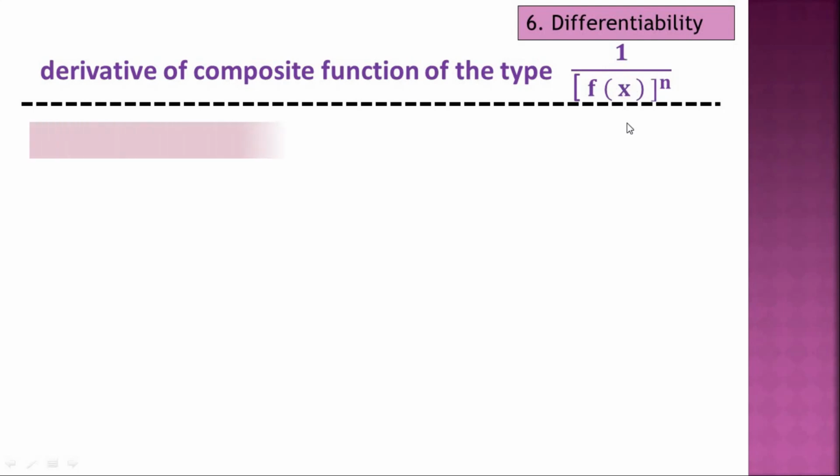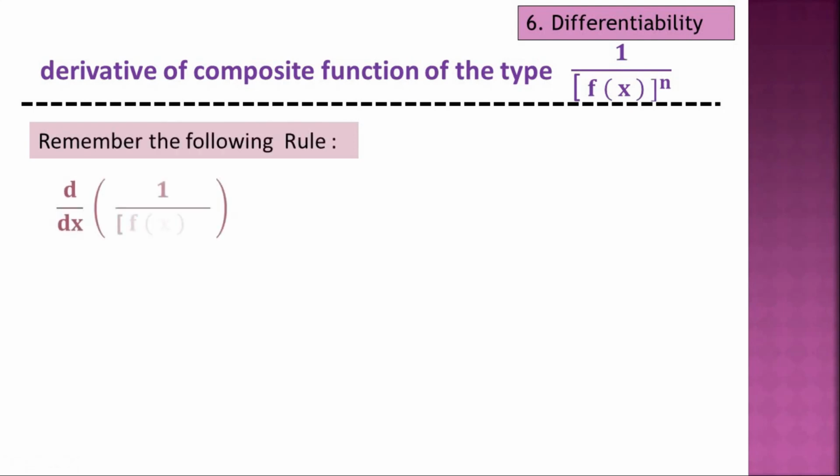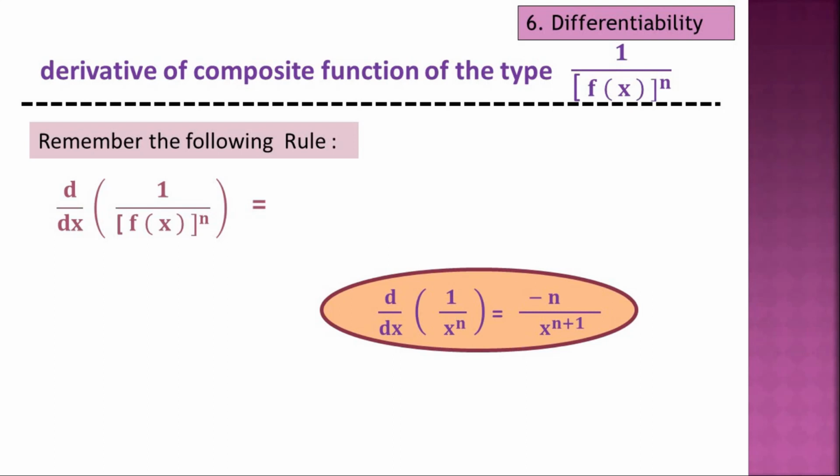Now see the rule. Remember the following rule. d by dx of 1 upon function raised to n, that is f of x raised to n, is equal to... before writing the answer, see the derivative of a standard function. d by dx of 1 upon x raised to n is equal to minus n, that means take the power with a negative sign, divided by x to the power, add 1 to this power, that is n plus 1.